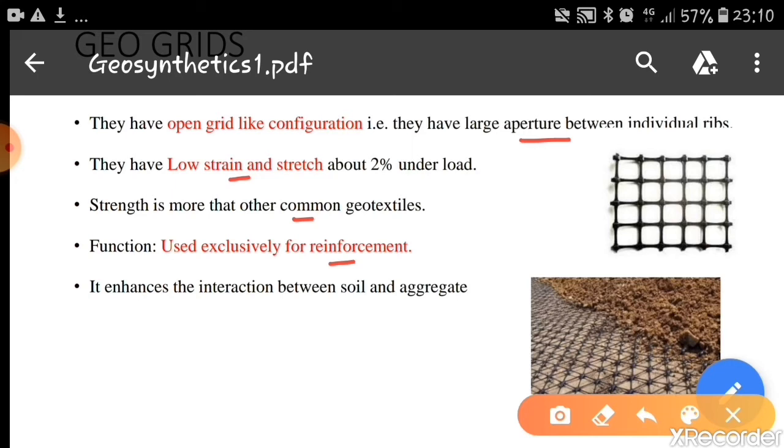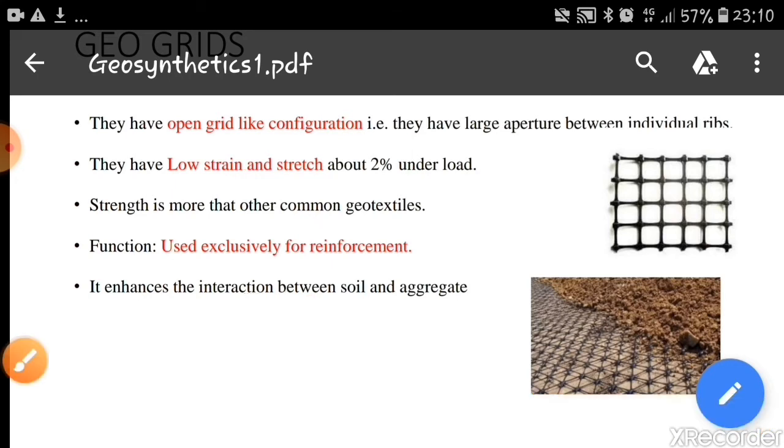They act as reinforcement and hence stabilize or give strength to the soil slopes. It enhances the interaction between the soil and aggregates, acts as a frictional barrier and hence transfers the load. That's why these geogrids are used.